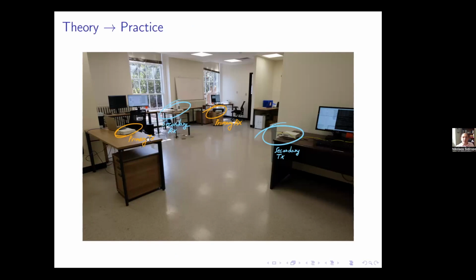There is a primary transmitter and a primary receiver, and then there is a secondary transmitter and a secondary receiver. The secondary receiver has two antennas. Every one of these transmitters or receivers is a software radio that we have in the lab, and we can program it to set up a prototype of this situation and measure it in practice.